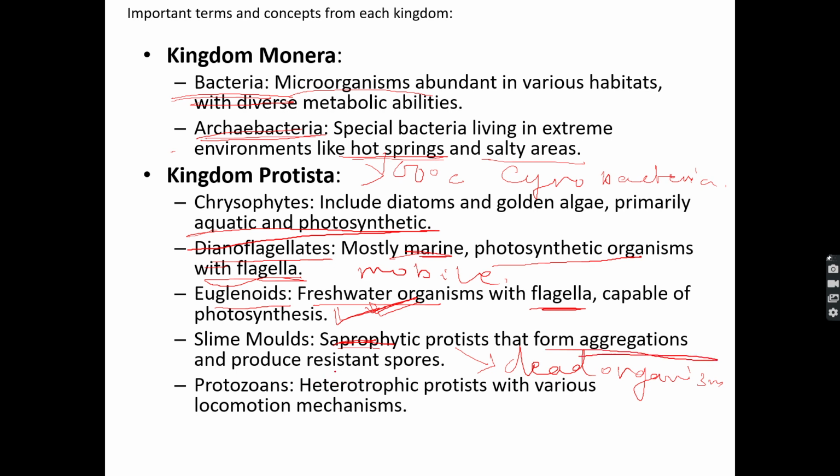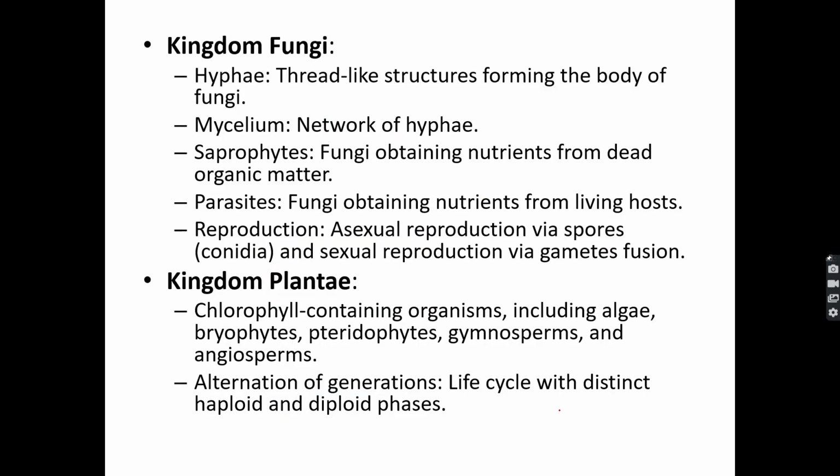They are present in groups, and they produce resistant spores, meaning spores which are resistant to extreme conditions. Next is your protozoans. These are heterotrophic, and they are not autotrophic. That means they do not have photosynthetic ability, and they have a locomotion mechanism. That means they are highly mobile. They can move.